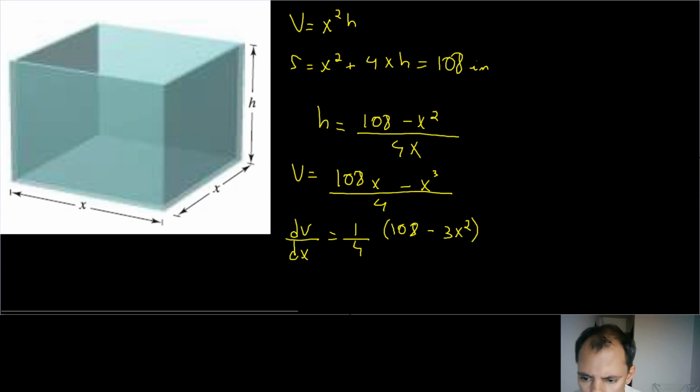Well, let me think here. h equals 108 minus x squared divided by 4x.